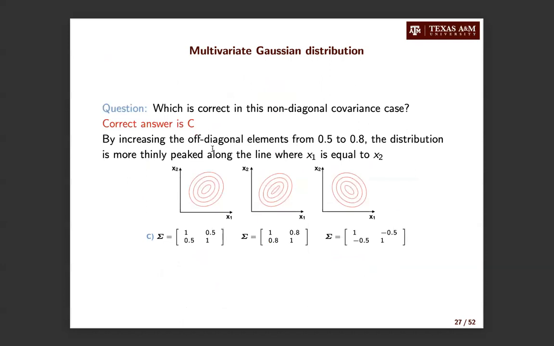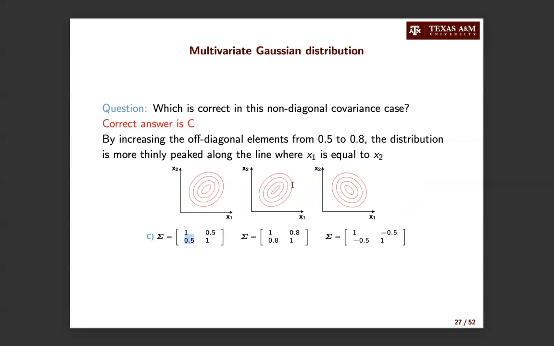However, in practice, we can also have examples in which x1 and x2 are correlated with each other. In this first example here, we see that x1 and x2 are correlated because the isocontour is a little bit tilted at a 45-degree angle. And therefore, these non-diagonal elements of the matrix are close to 0.5.